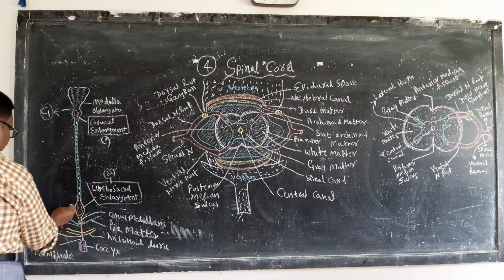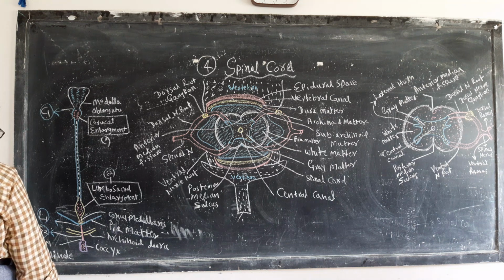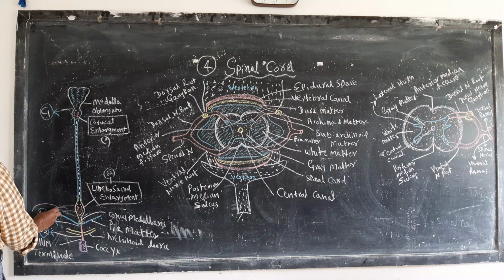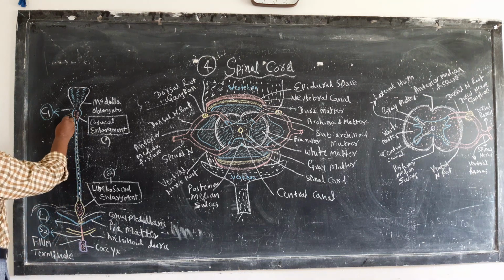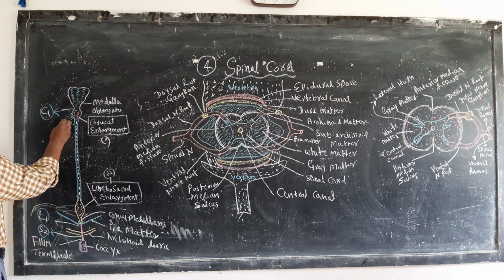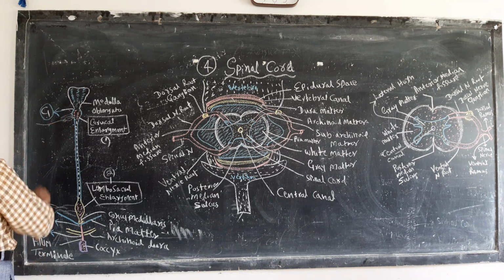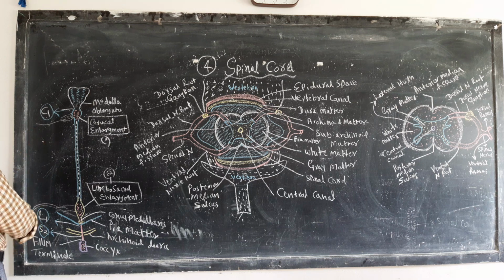The nerves arising here are called the brachial plexus, and they enter the forelimb. This is for the forelimb, this is for the hind limb.